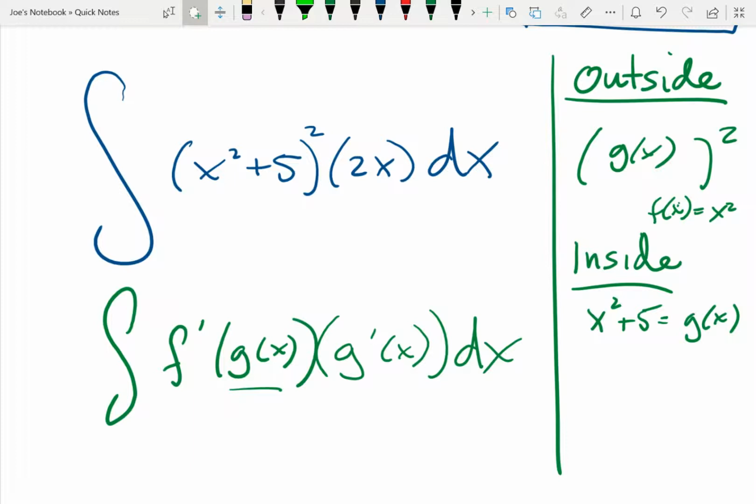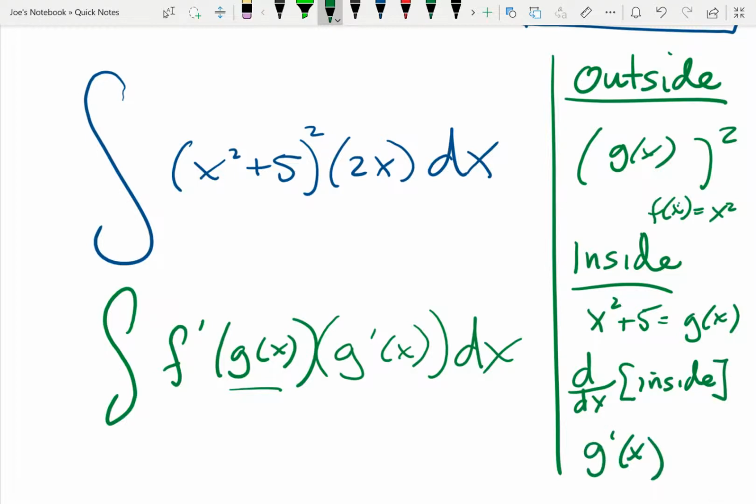And then, if this were perfect, and if this were a nice world, then the derivative of the inside would be there. And your book's going to call that g prime of x. Is the derivative of this also a factor?